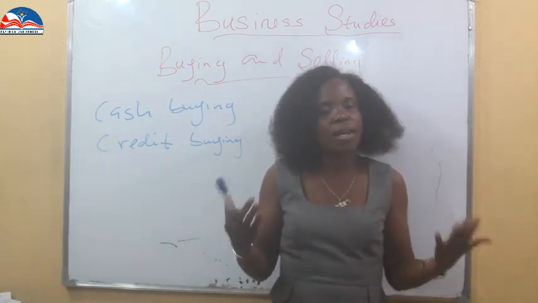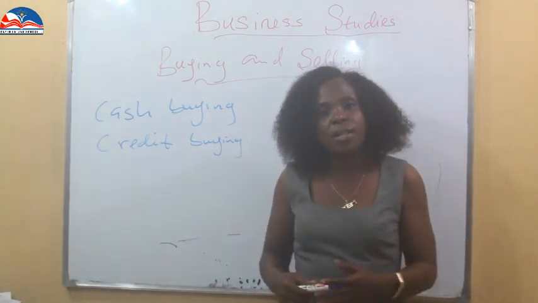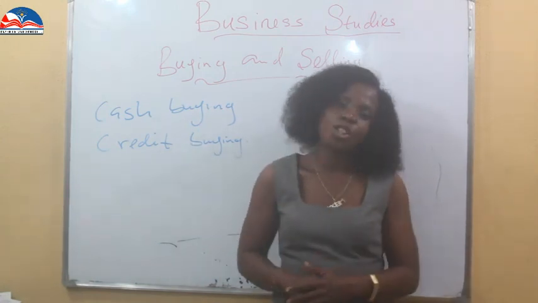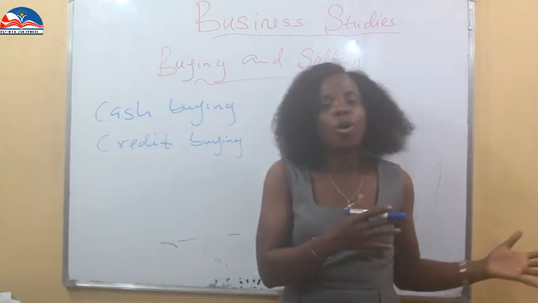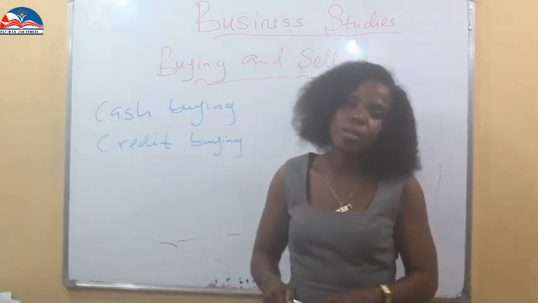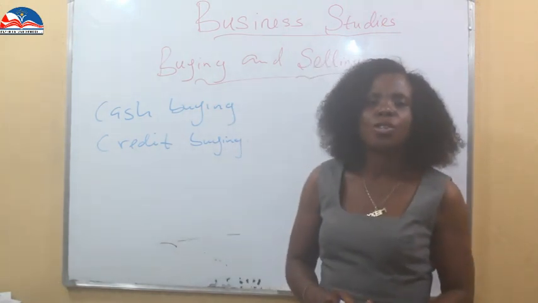When you hear the word cash buying, it means that the buyer pays the seller the instant the goods is handed over to him or her. That means the buyer pays after negotiation and the price is favorable to the buyer. Money is handed over to the seller. That is cash transaction.